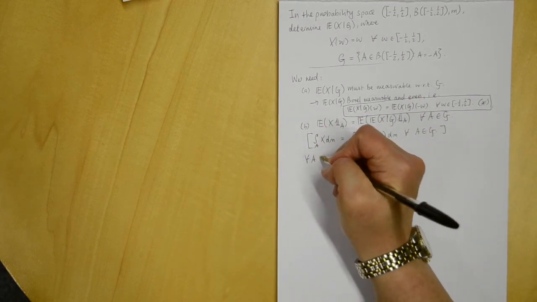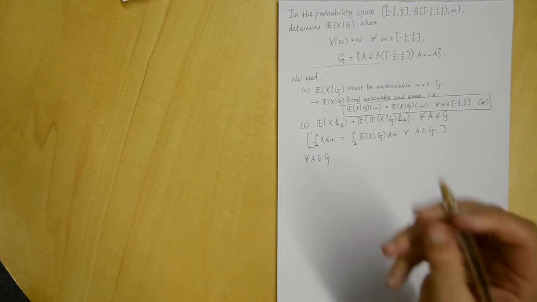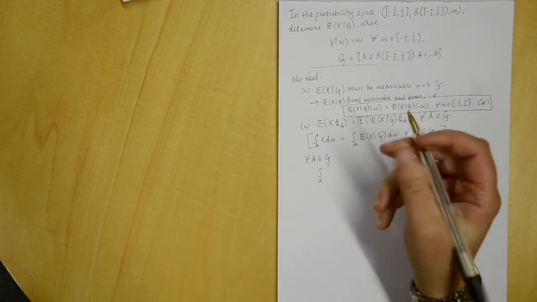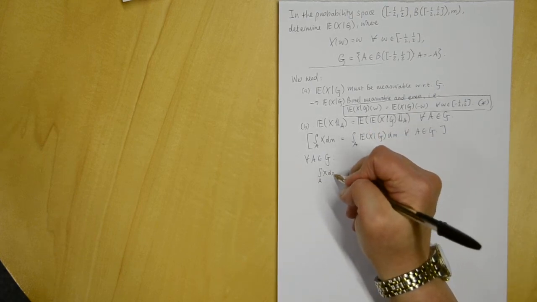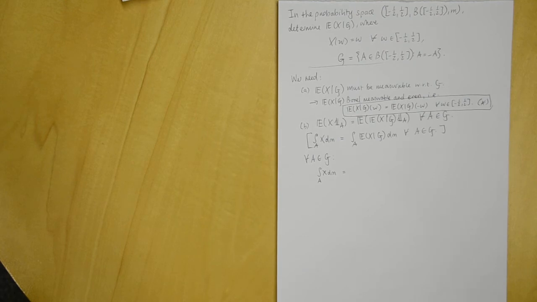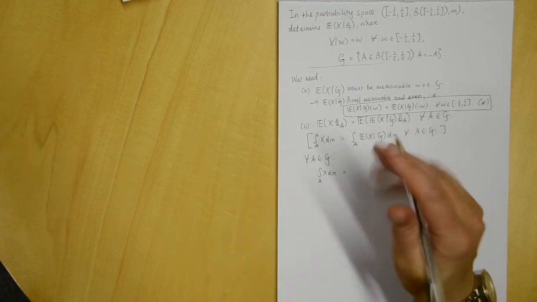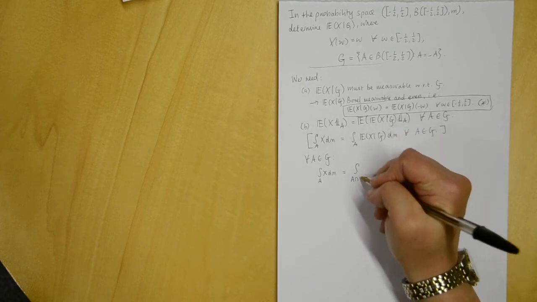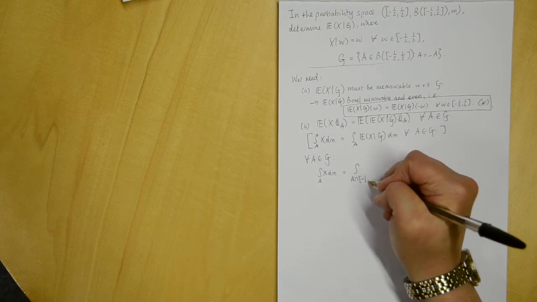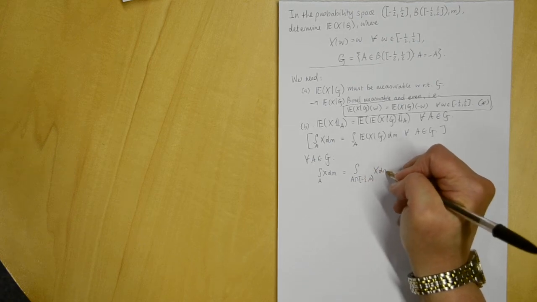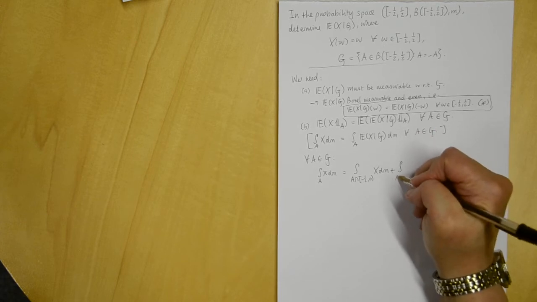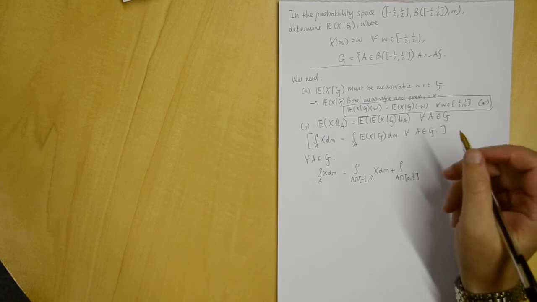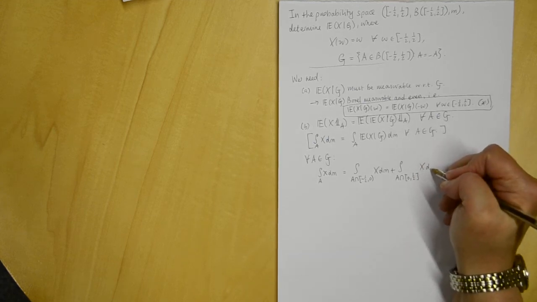Let us fix any event A in G. Then if we look at the integral over the set A of X dm, we can split this into two integrals over two disjoint sets. This is the integral of the part of A that's to the left of the origin, so minus a half to 0, of X dm, plus the integral over the part of A that sits on the right hand side of the origin, of X dm.